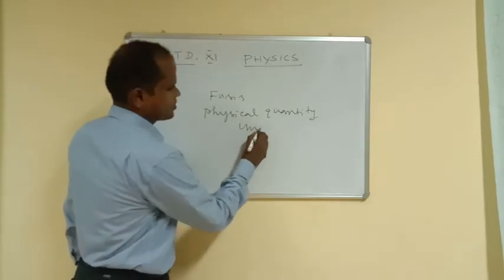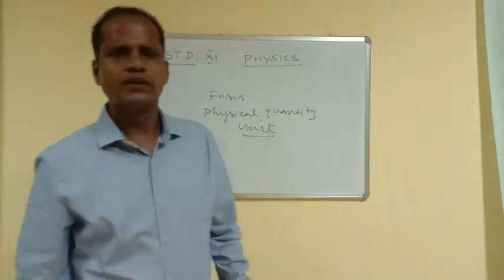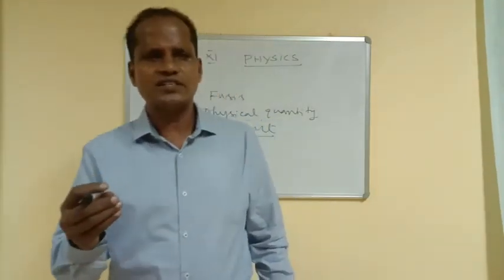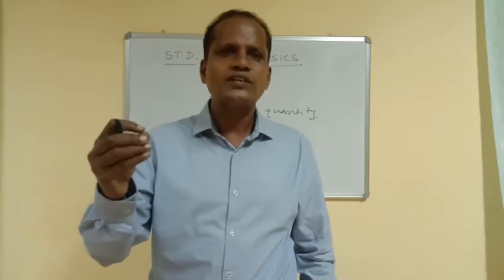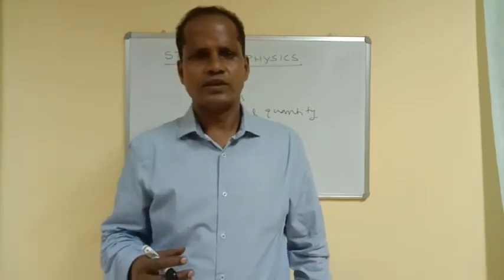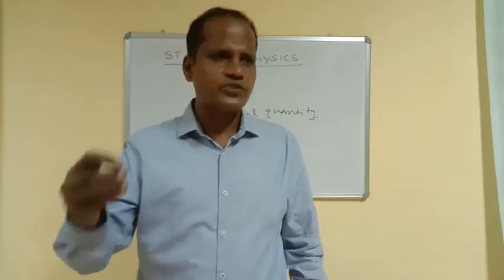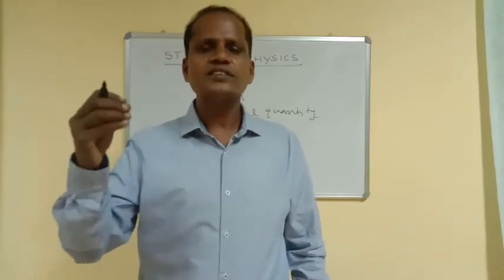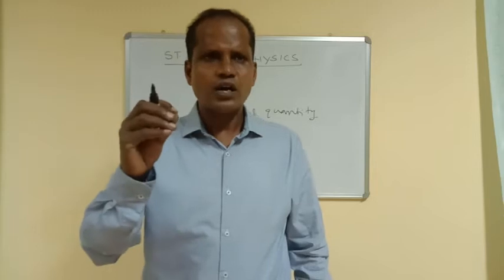What is meant by unit? A unit is an arbitrarily chosen standard of measurement of a physical quantity which is accepted internationally. Am I correct? Are you able to understand?